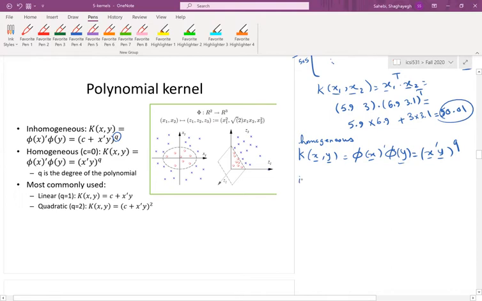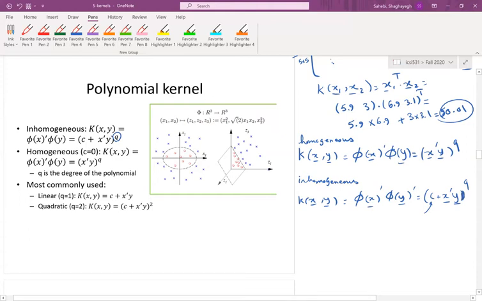So in the inhomogeneous kernel, the kernel between x and y, which is again phi of x transpose phi of y, is defined like this: c plus x transpose y, to the q. Okay? So there is a constant c that is added to the polynomial kernel.